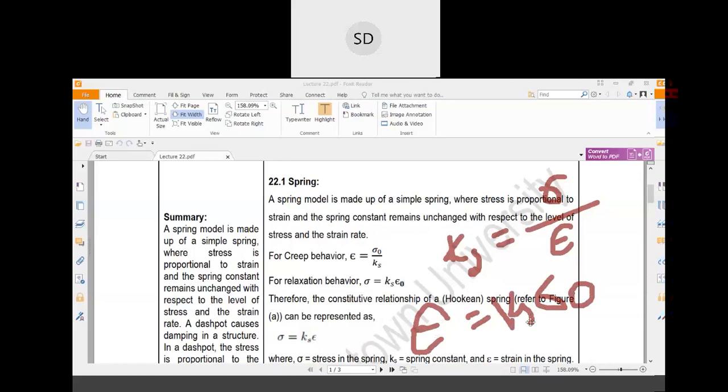Similarly, in the relaxation behavior your strain value is constant, so the rate of strain is 0, but your stress is not constant, so you have to find out the stress. Here epsilon 0 represents the constant strain, and your stress would be spring constant into epsilon 0.